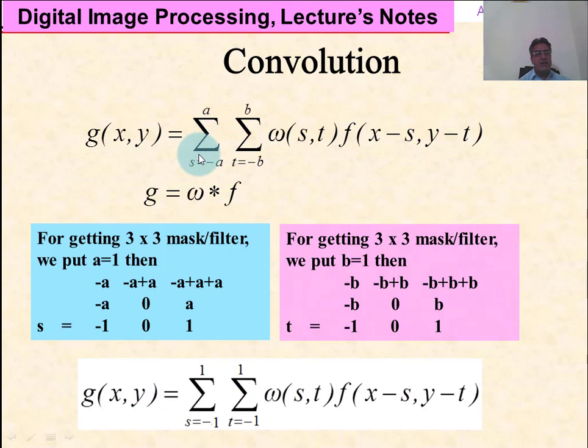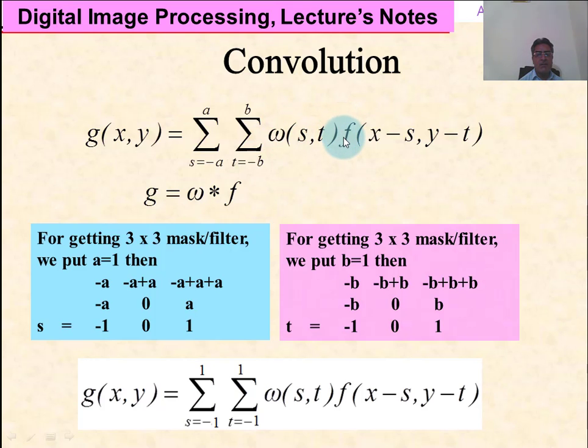For each cycle of the s loop, the t loop will perform its 3 cycles, and in this way these two matrices will multiply their 9 values.